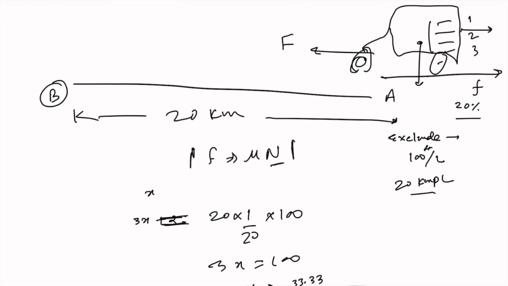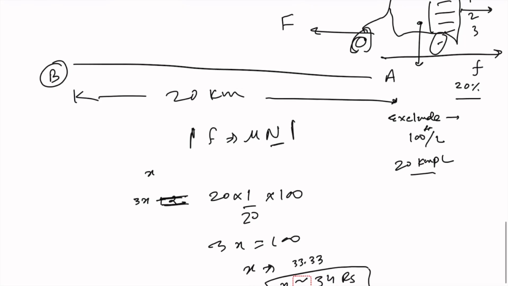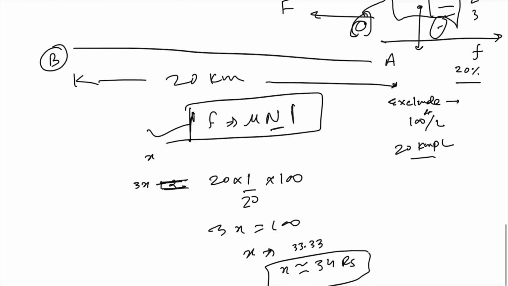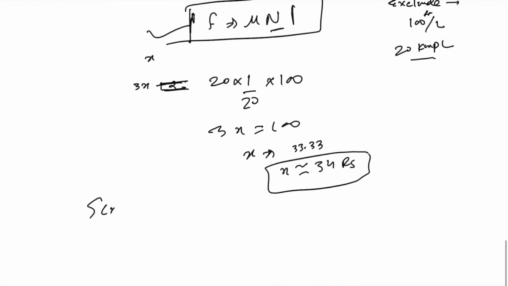So although I have not used the concept of friction force to solve this numeric, the theoretical aspect is why we need to charge more if we are increasing people. It could come as, for example, one vehicle is moving with one person from A to B in one scenario, right?